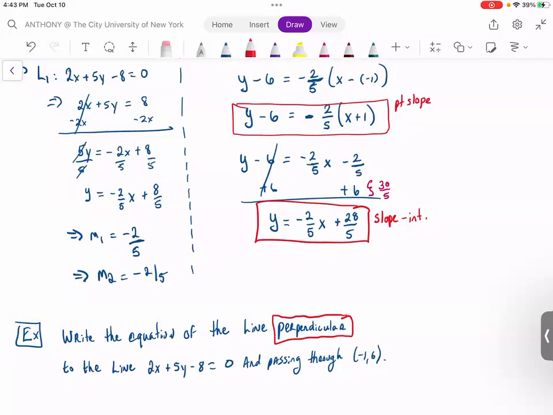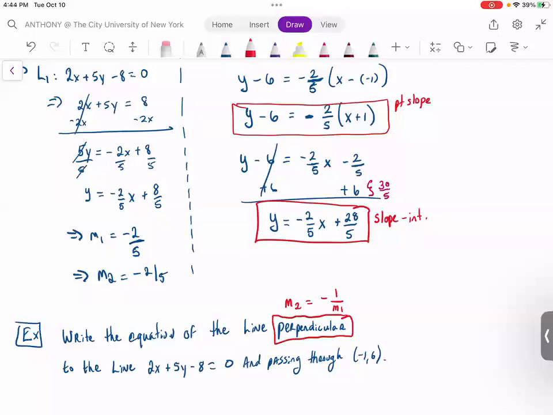We say line 1 and line 2 are perpendicular as long as the slope of line 2 is the negative reciprocal of the slope of line 1. Equivalently, you can write that as m2 = -1/m1.